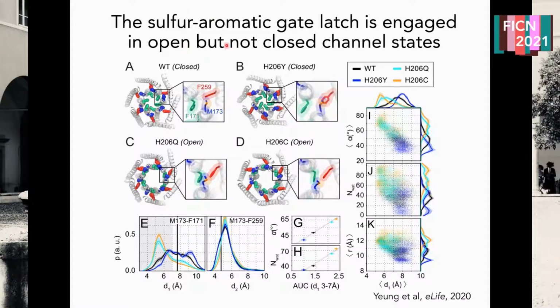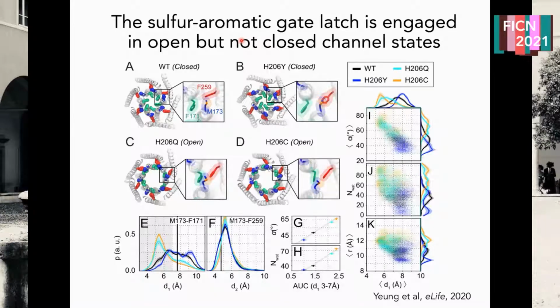And we were really curious about this, because these sulfur-aromatic interactions between methionines and other aromatic residues like phenylalanines have been frequently described in protein structures to stabilize protein-protein interactions or domain interactions, but have never been described in ion channels, and in fact have not been previously described to have a role in gating.